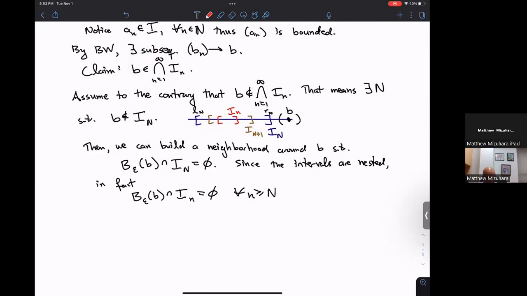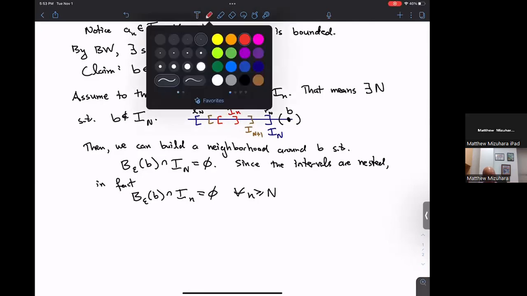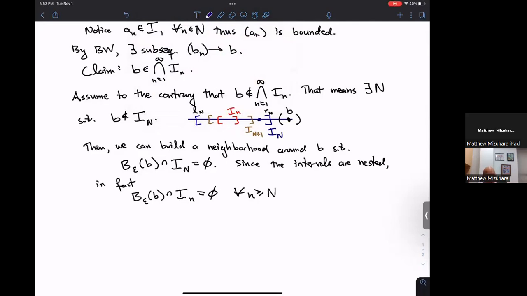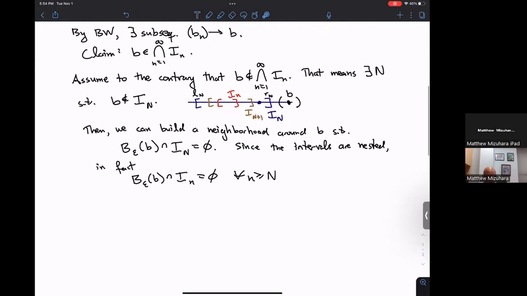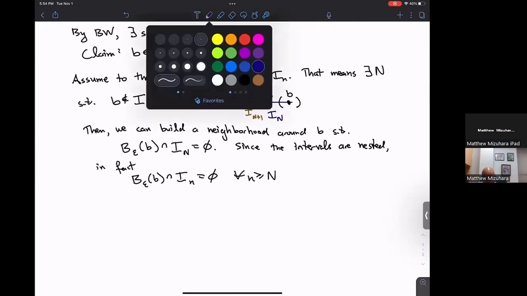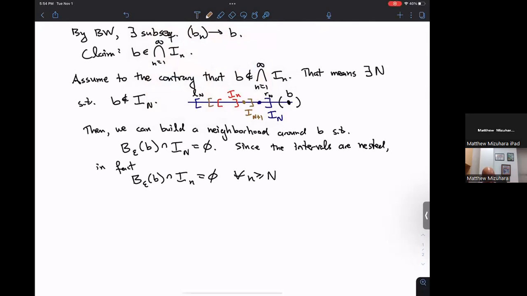Well, don't forget, by the way, that by construction, all the little a sub n's are chosen from within those I sub n intervals. So I'm going to label them here and here and here. And so I'm starting to see a bit of a problem, because all those points in the sequence are going to be outside that neighborhood of b.